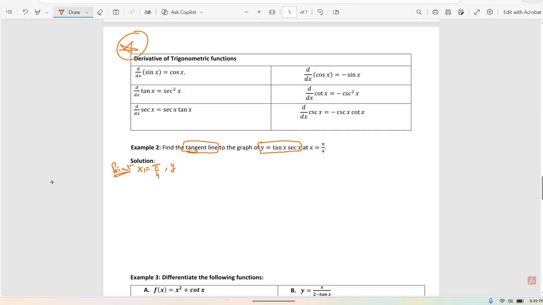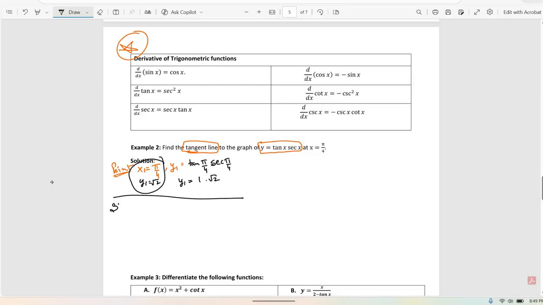What will be y1? Because a point is x coordinate, y coordinate. So y1 would be tangent pi by 4 times secant pi by 4. Tangent pi by 4 is 1. Secant pi by 4 is root 2. So y1 is root 2. So we have the point.